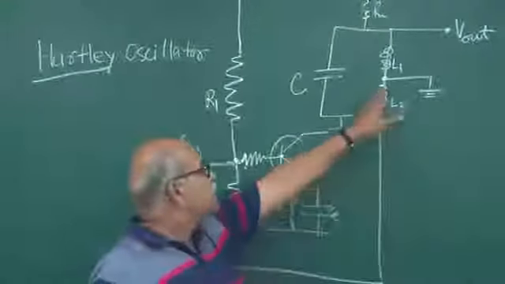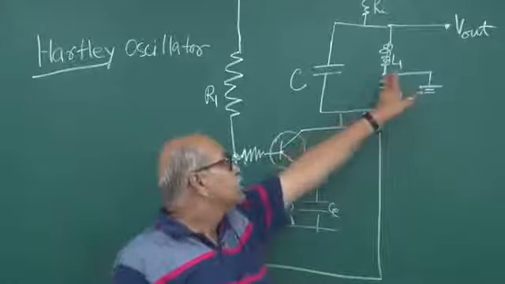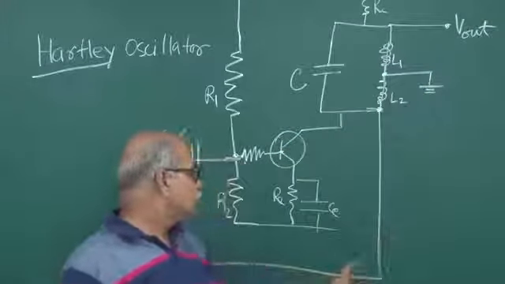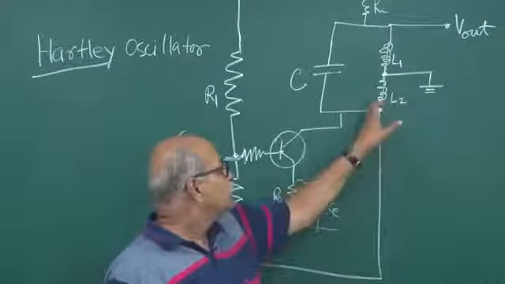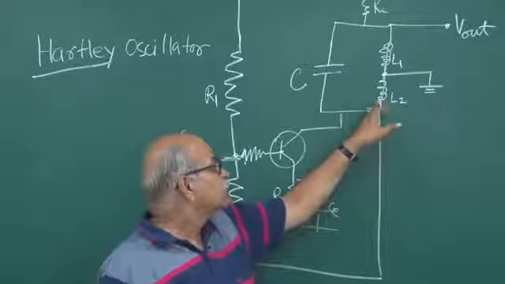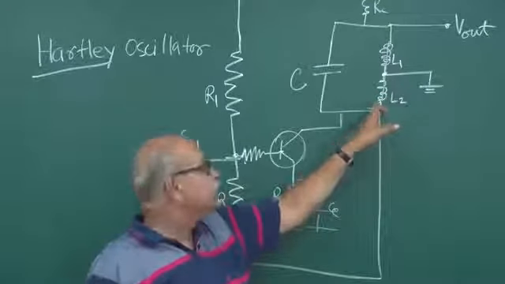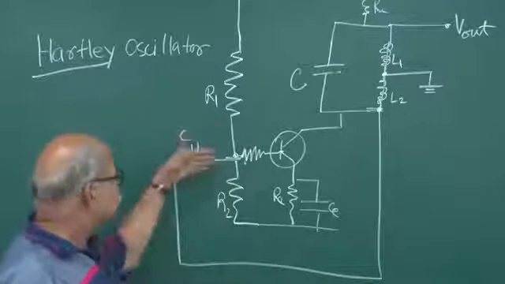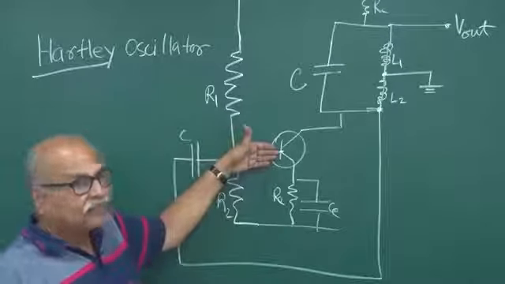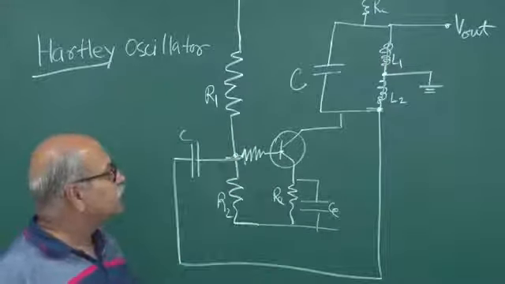Right, so the feedback is coming from here. This is at ground potential, at zero potential, and then this point, which is at some voltage changing in time, is joined to the biasing of the base. So that is the feedback network.